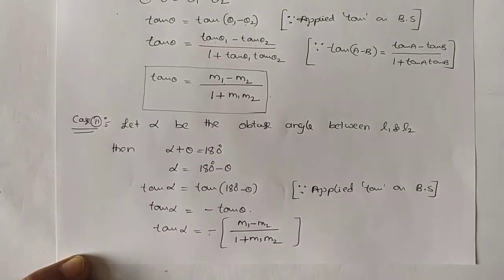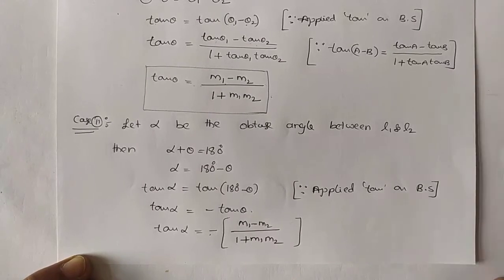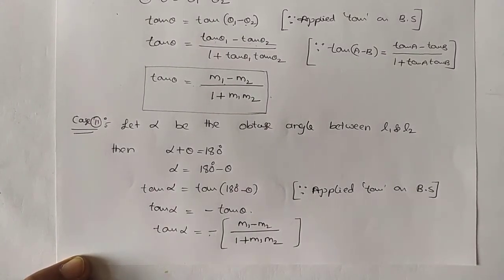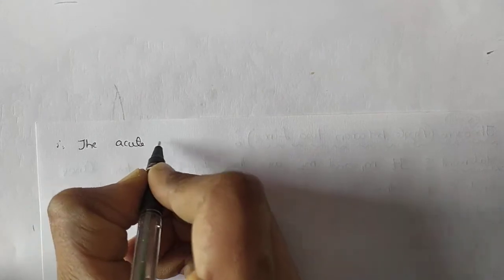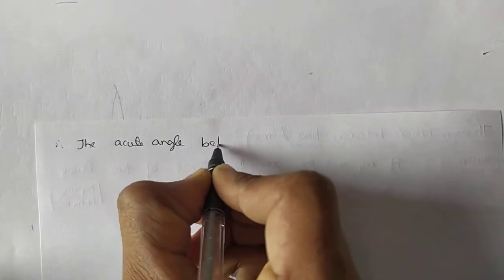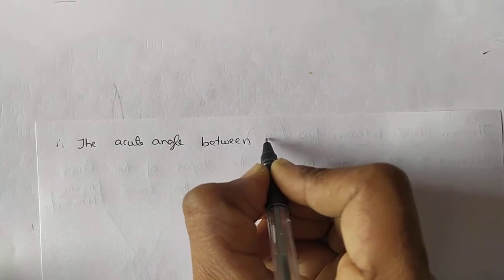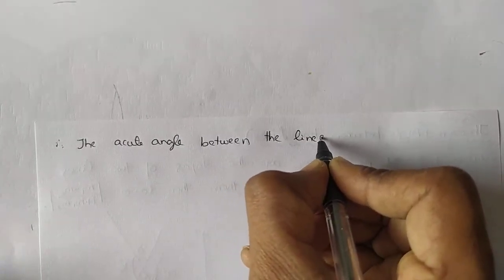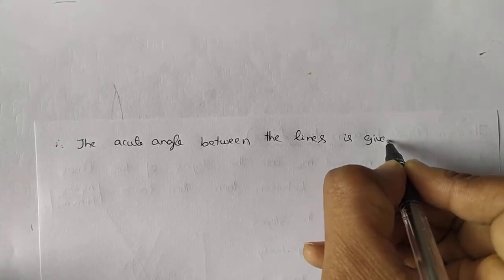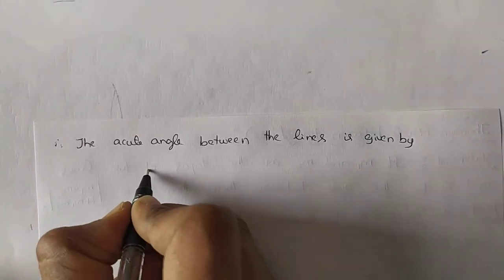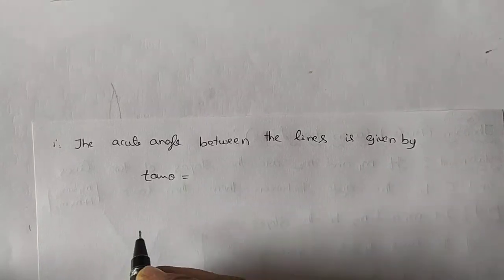If you want to take a screenshot you can take it for this. I will just move on to the next page. Now finally we can conclude that the acute angle between the lines is given by tan theta equals, what is the result?